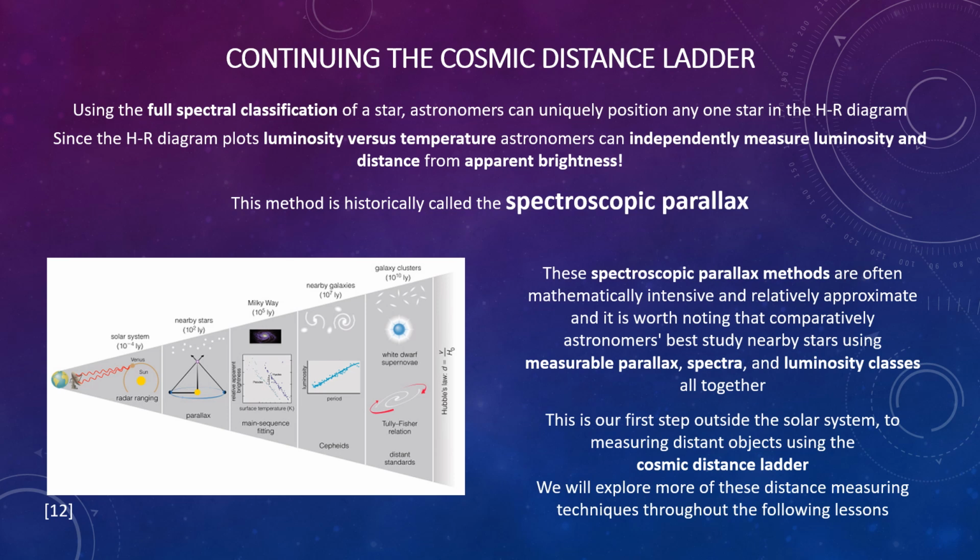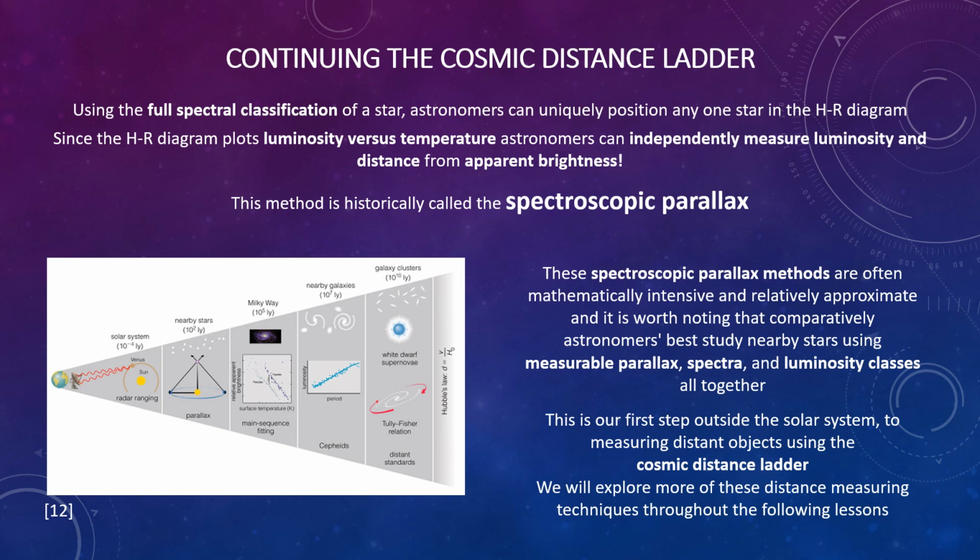So we see here on the left an example of this cosmic distance ladder. First we measure the distance to the nearby planets in the solar system using radar, and that gives us our first rung in the ladder, so to speak.